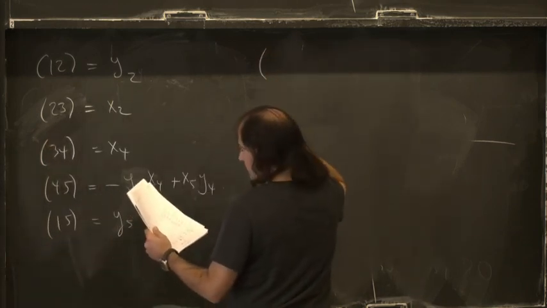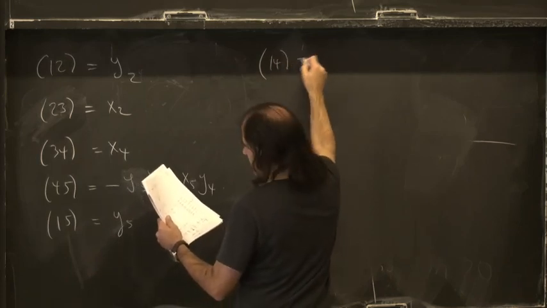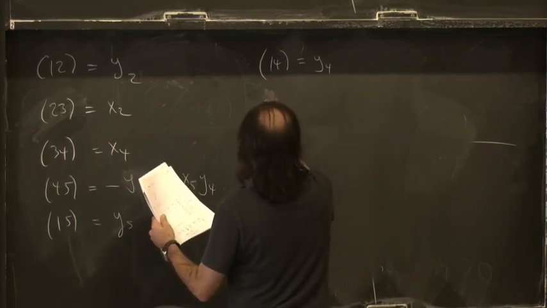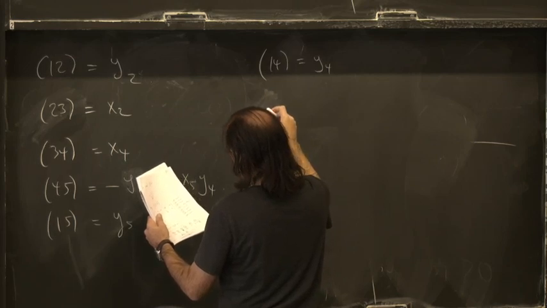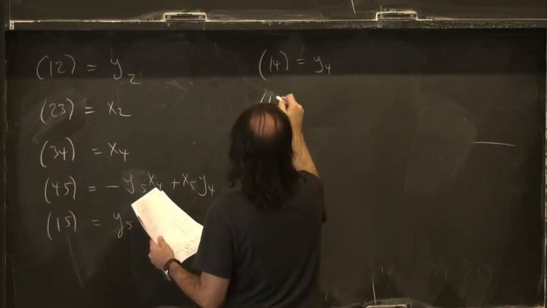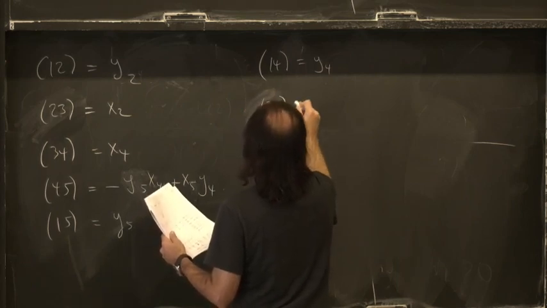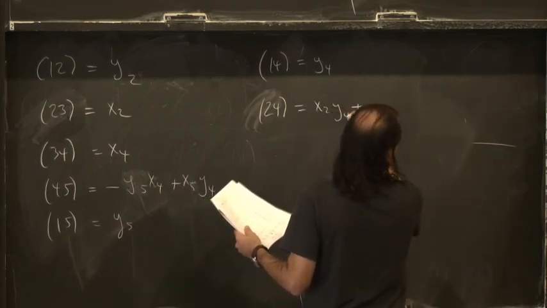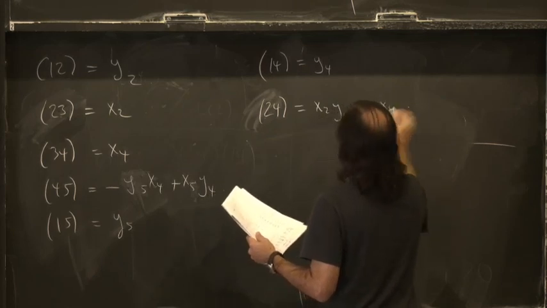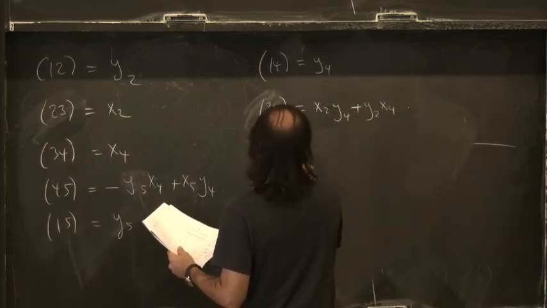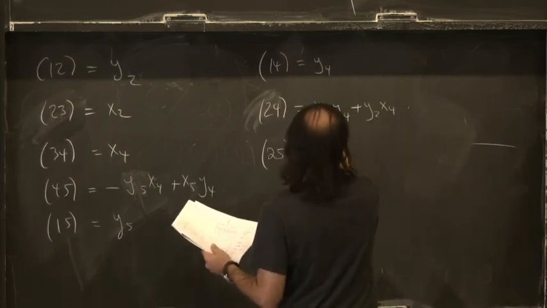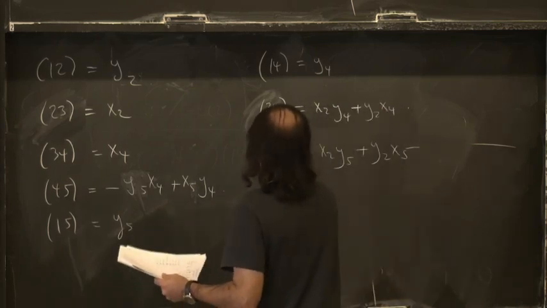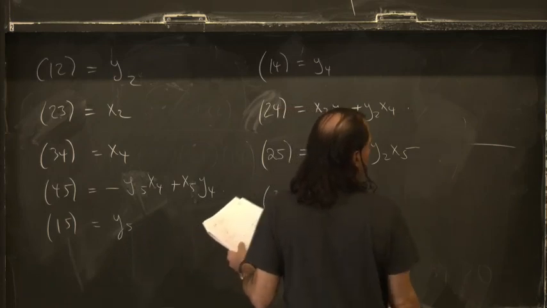Okay, those are all the consecutive ones, and then 1, 4 is y4, and I did 1, 5, so let me do 2, 4, which is x2 y4 plus y2 x4. And 2, 5 is x2 y5 plus y2 x5. And 3, 5 is x5.